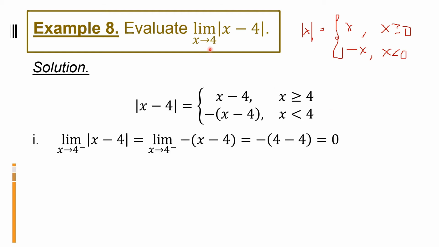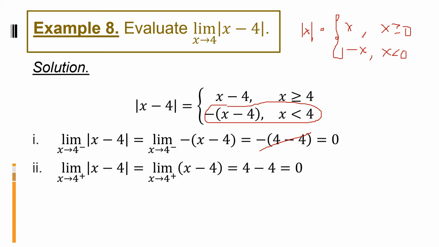So, since hinahanap natin yung limit as x approaches 4 at nahati yung 4 natin dito, then we take the one-sided limits. So, we take the limit as x approaches 4 from the left, and from the left is etong part na to. So, we have the limit as x approaches 4 from the left of negative of x minus 4 equals, okay, by direct substitution, that is just equal to 0.